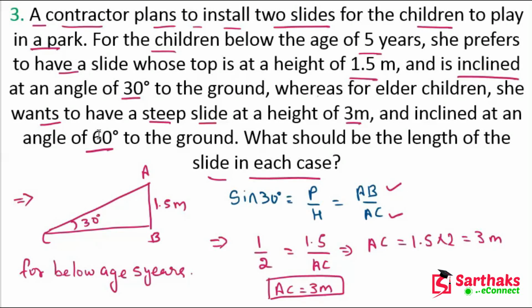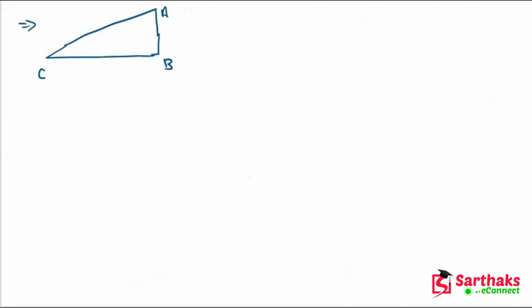Okay, now there is another slide which is for elders. Okay, A, B and C. Now in this case the angle is 60 degree and height is 3 meter.